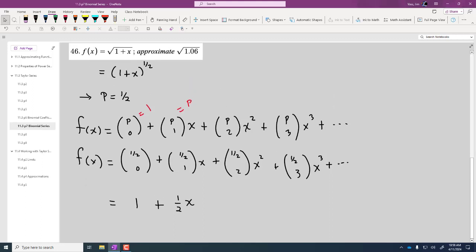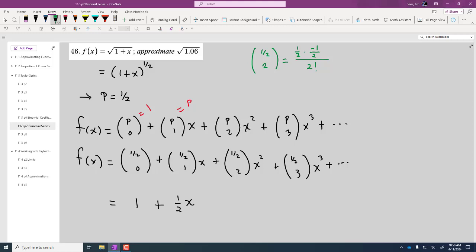So let's come off to the side and do a little computation. 1/2 choose 2. In the denominator, there's going to be a 2 factorial. And in the numerator, you start with p, and then you subtract 1 repeatedly until you get to k factors.